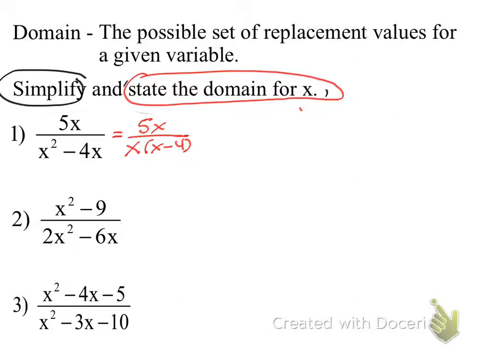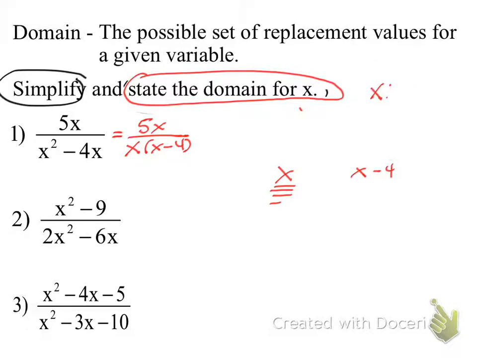So what at this point will give me a 0 in that denominator? I've got an x and an x minus 4. What would make the first one become a 0? If it's what? If x equals 0. So I'm going to write this and repeat after me.